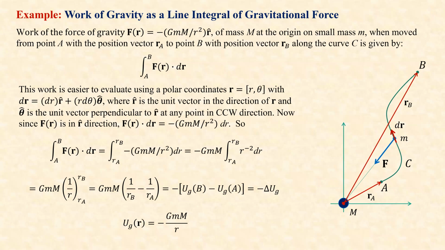All right, so this is the work of gravity as a line integral of the gravitational force, which becomes the change of this function, which we actually calculated here. It can be written as the change of this function from point A to point B, which is called gravitational potential energy. Any questions on this?